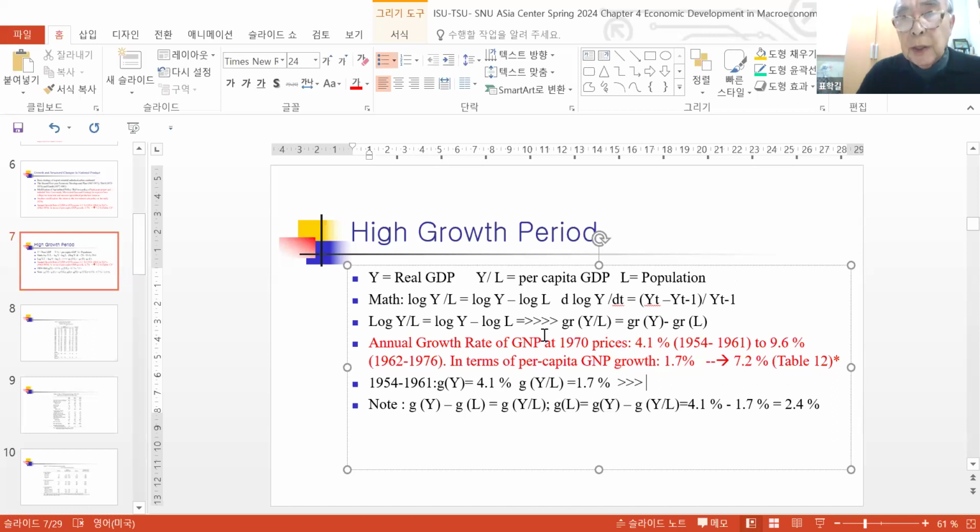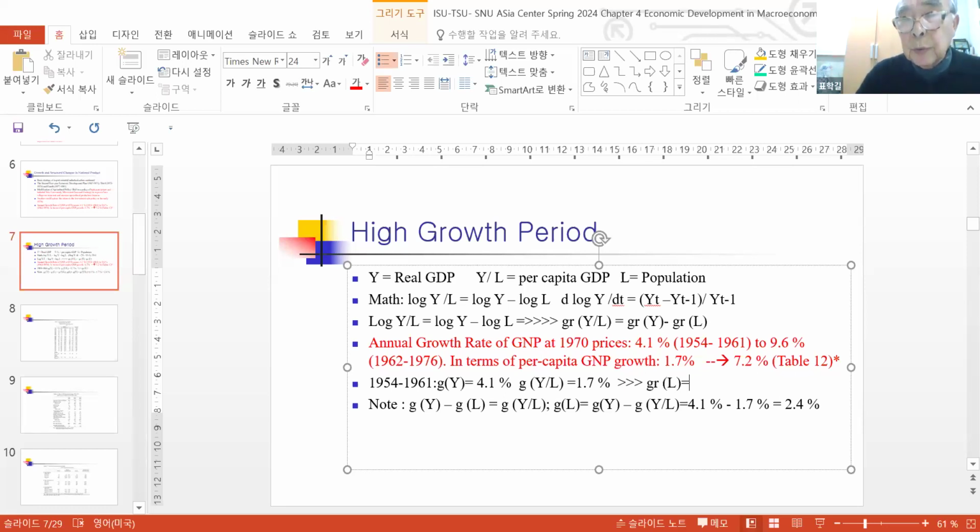Using this identity, what is the growth rate of L during this period?